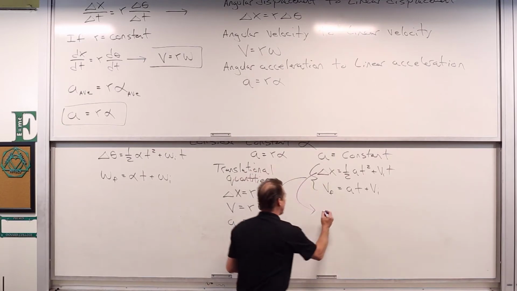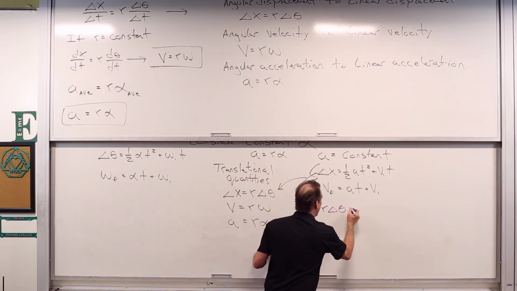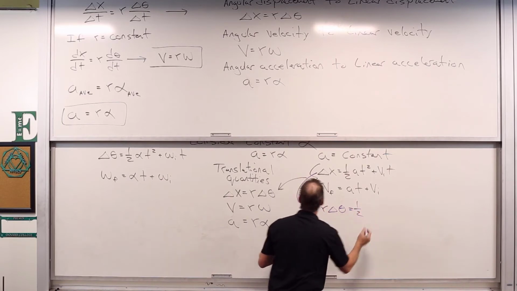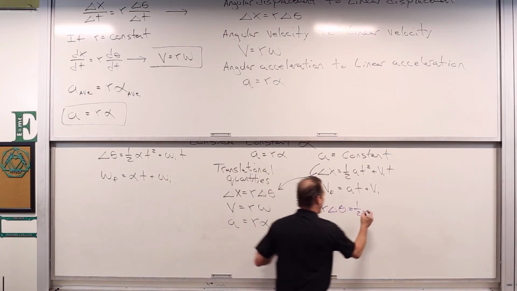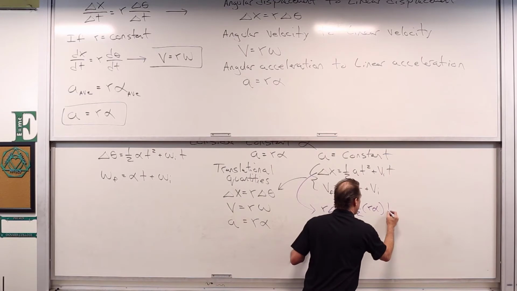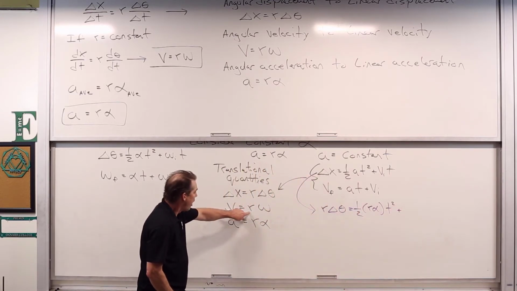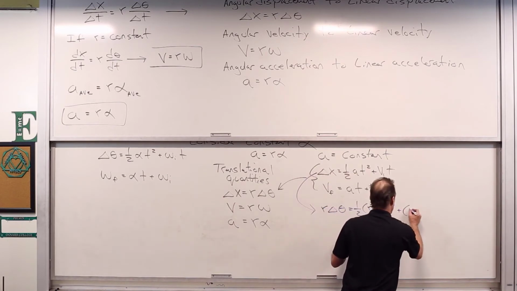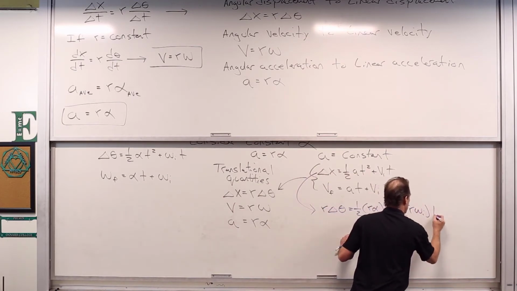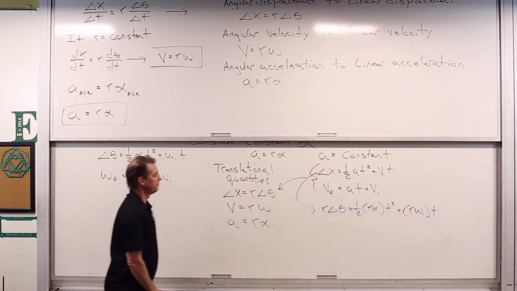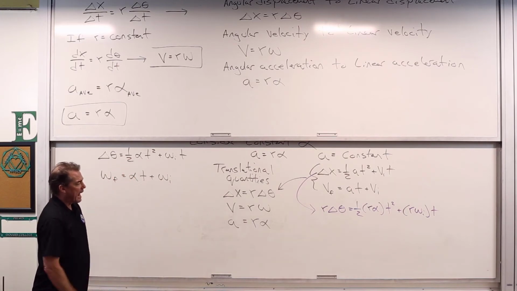Delta x, well, delta x is equal to r delta theta, which is equal to 1/2 times a, which is r alpha, times t squared, plus v sub I, well, that's going to be r times omega sub I, times t.